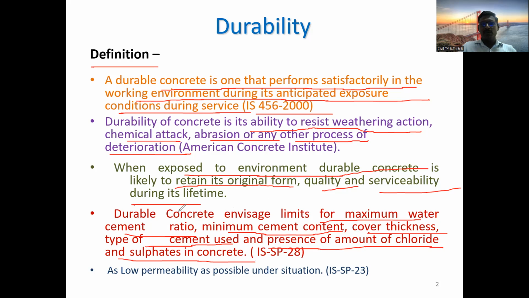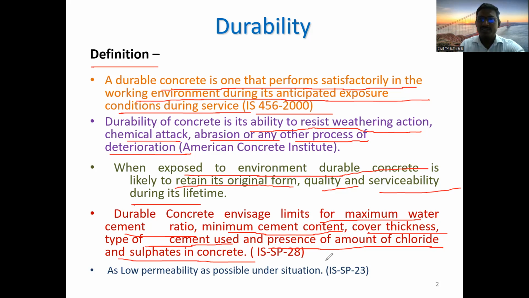If we think about durability, we have to think about this: maximum water cement ratio, minimum cement content, cover thickness, then the type of cement you are using, and the amount of chloride and sulfate in the concrete. If chloride and sulfate are present in the concrete, the concrete gets carbonated.